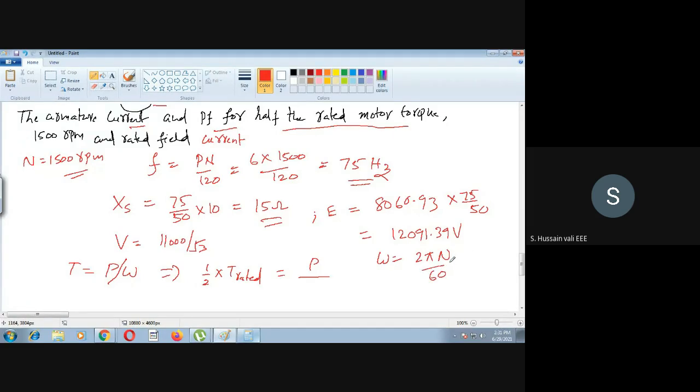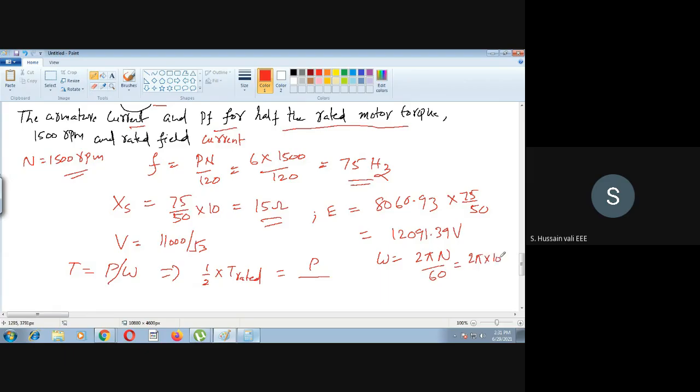Now you have increased n to 1500 rpm. So I will write this as 2 pi n by 60, with n as 1500 rpm.